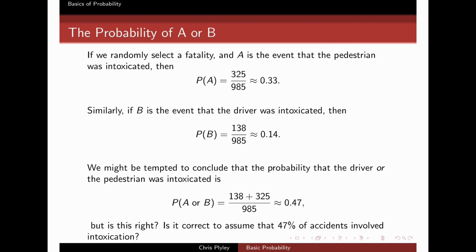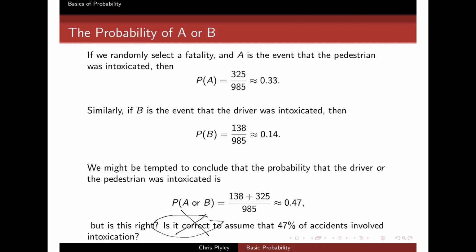But is this right? Do you think it's true that 47% of the time somebody was drunk? And why not, if you disagree? Well, what do we think? Here's the problem. The answer is no. It's incorrect to assume this.